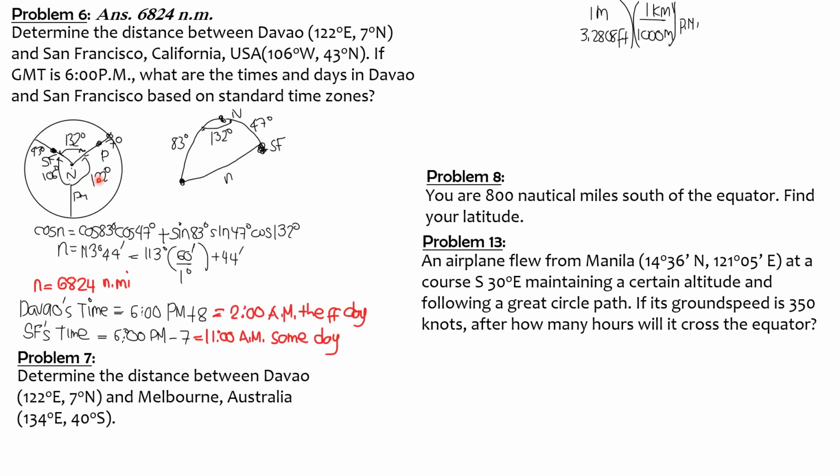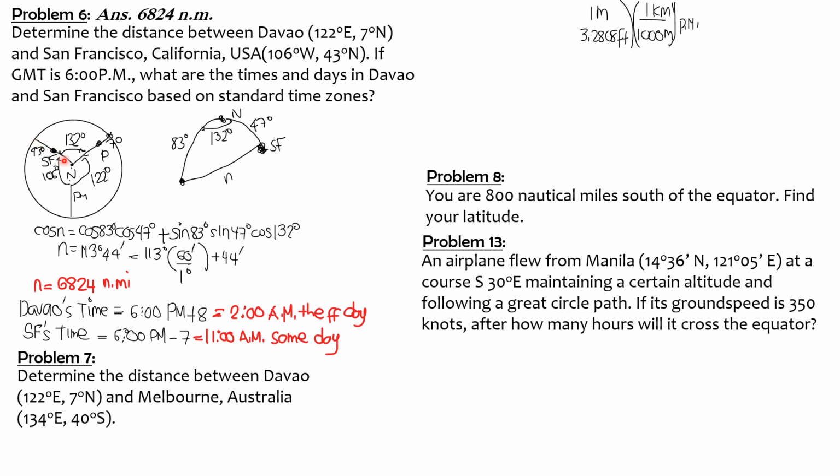This is the top view, north. So this is the meridian through Davao. So that's Davao, 7 degrees from the equator, latitude north. So this distance PN is 90 minus 7, so 83 degrees. Likewise, San Francisco, California is longitude 106 degrees west, and it is 43 degrees from the equator.